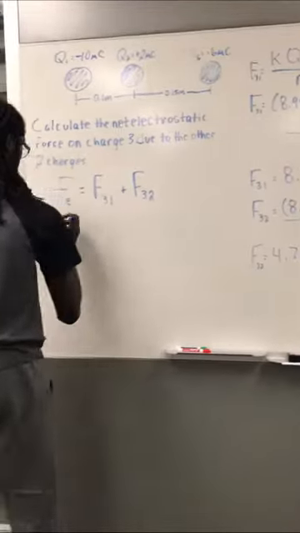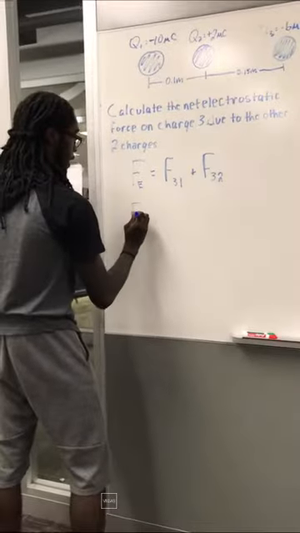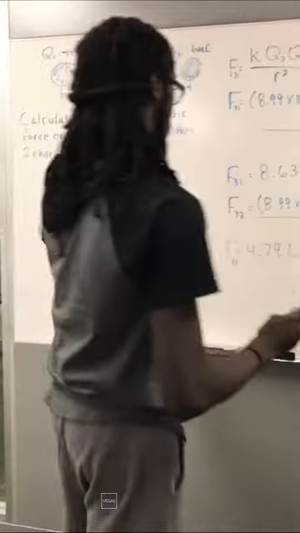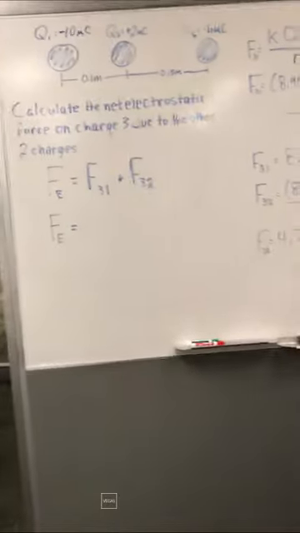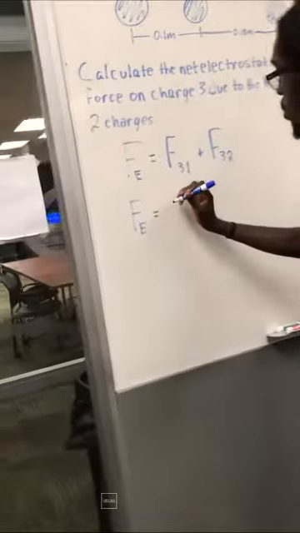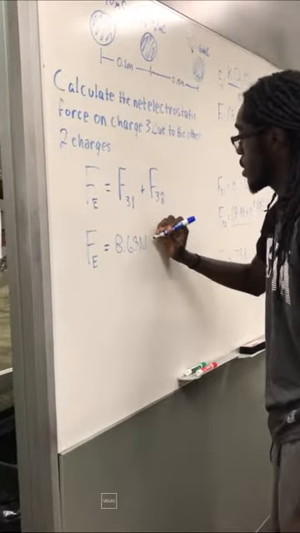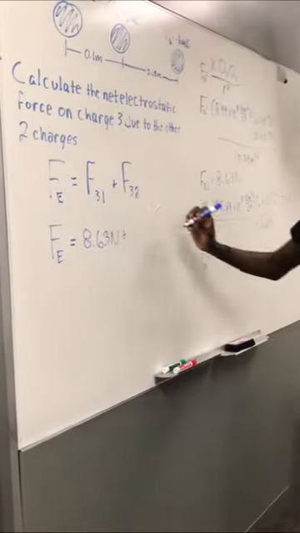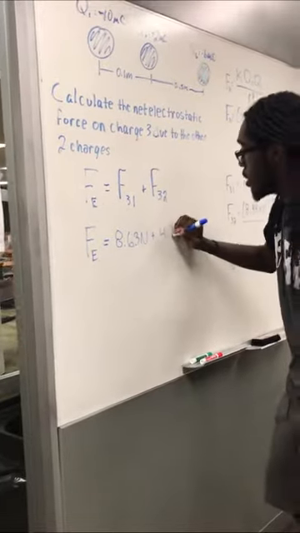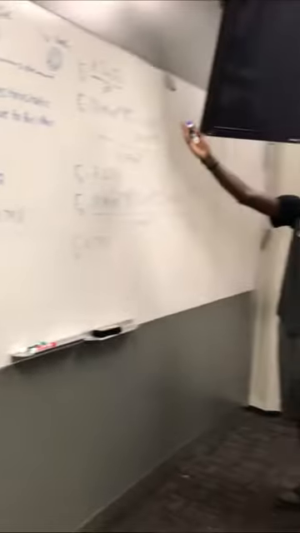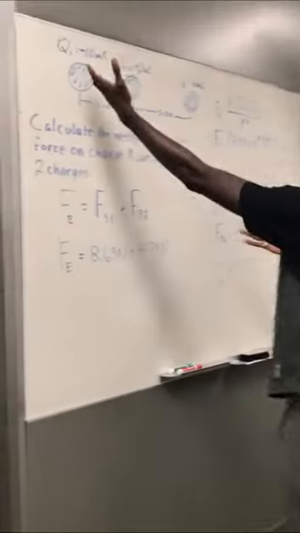Okay, now if we go over here to this formula, we have all of our values for it. So the total electrostatic force is equal to the force of charge 3 due to charge 1, which is 8.63 newtons, plus 4.79 newtons. But not so fast. We never thought about our negative signs.